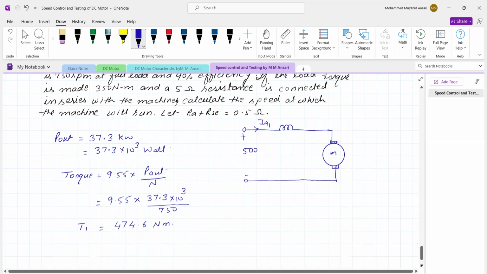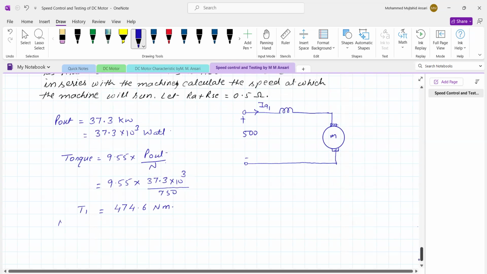Now motor input is equal to motor output divided by efficiency. So it is equal to 37.3 into 10 raised to 3 divided by the efficiency, 90%, so here it is 0.9.